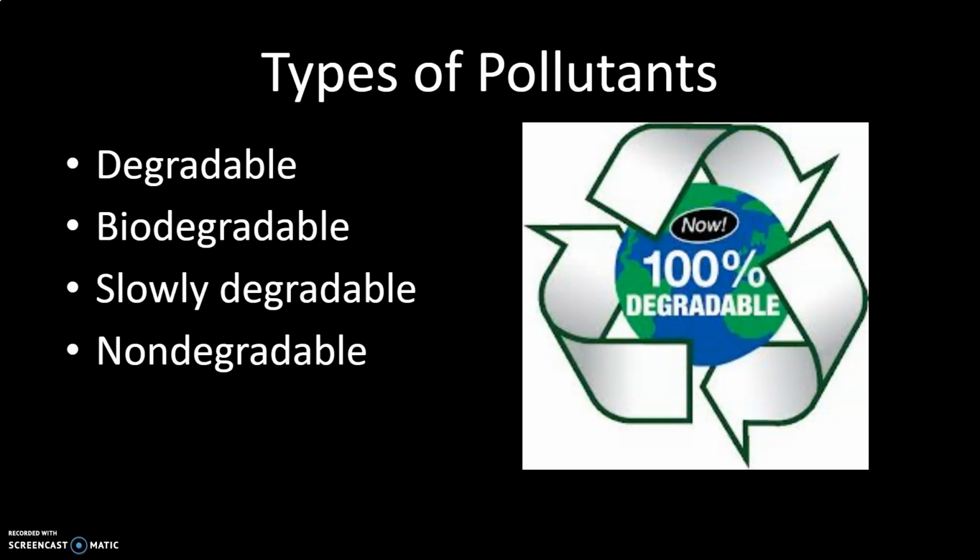Biodegradable means it's going through that process through the aid of some living thing, bacteria, fungi, something along those lines, breaking it down into smaller particles. Something that's slowly degradable, it'll break down, but it's going to take some time, clearly. So it may take a couple days, weeks, months, or years.